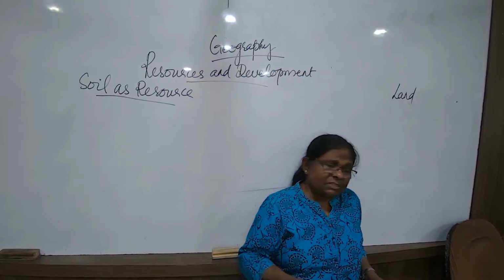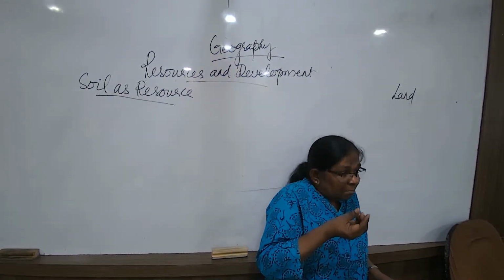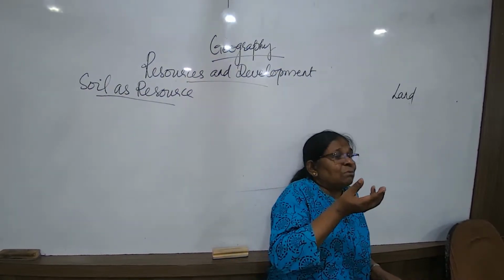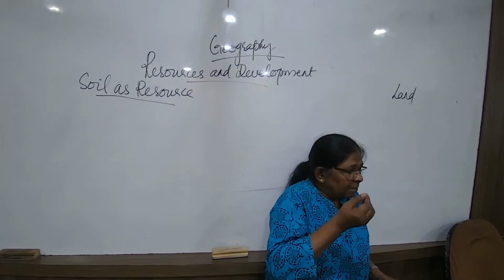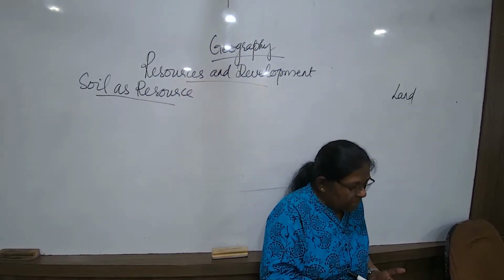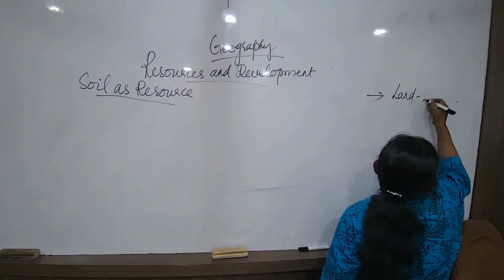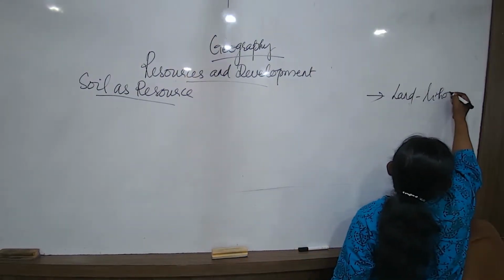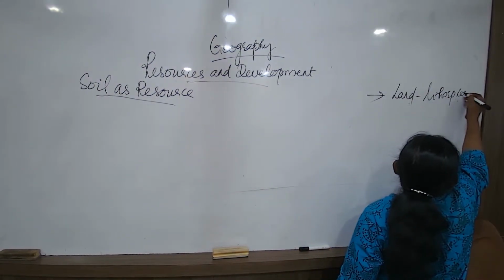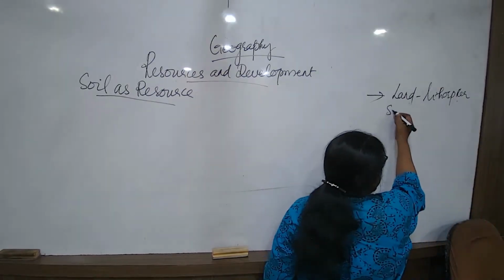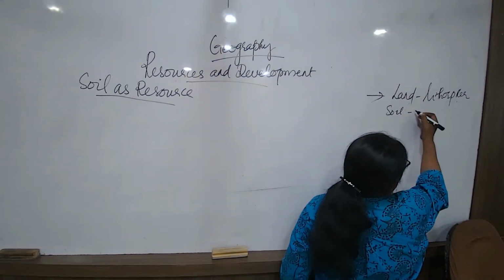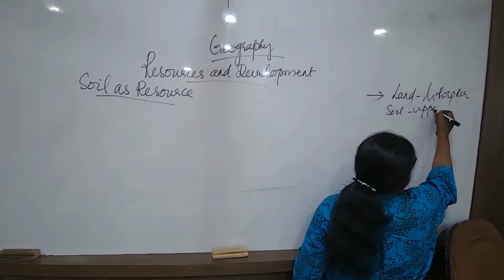All those activities are done on land. But the soil is only the topmost layer. Land is the whole part, that is what we call lithosphere, whereas soil is the uppermost layer.